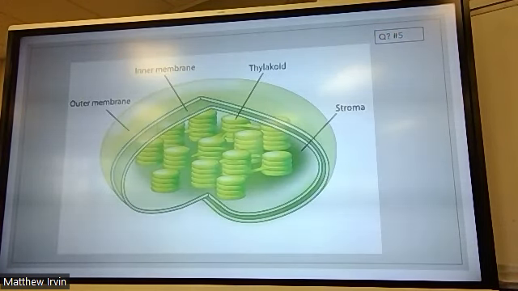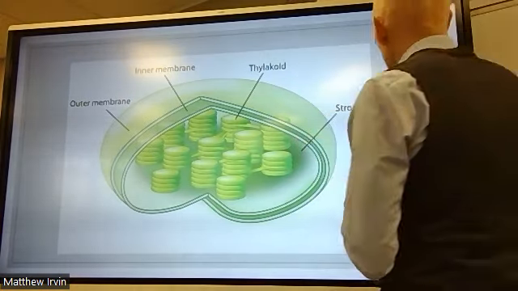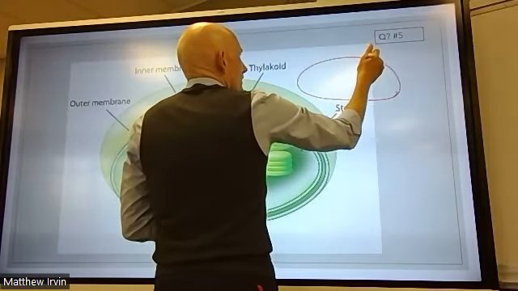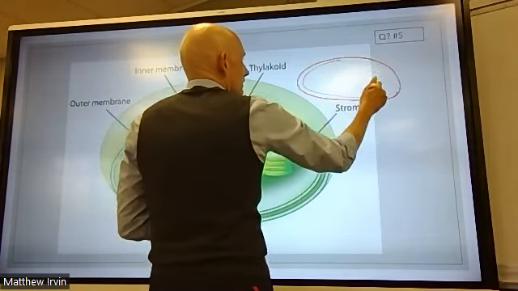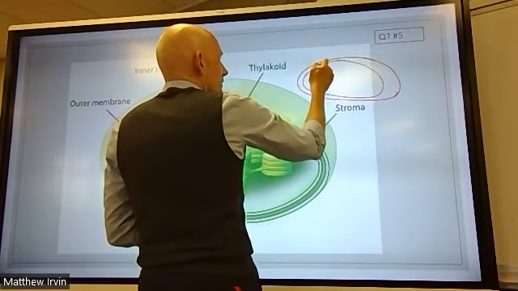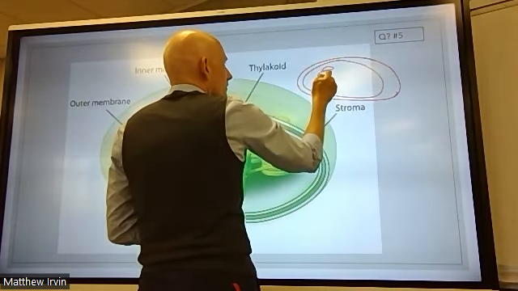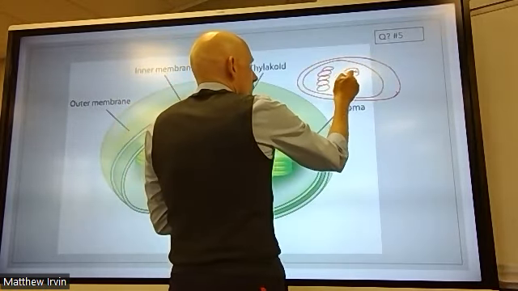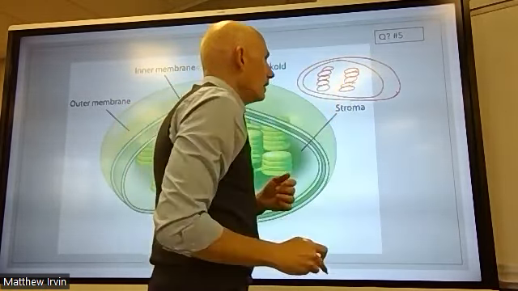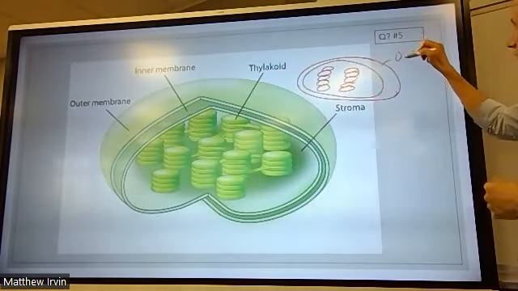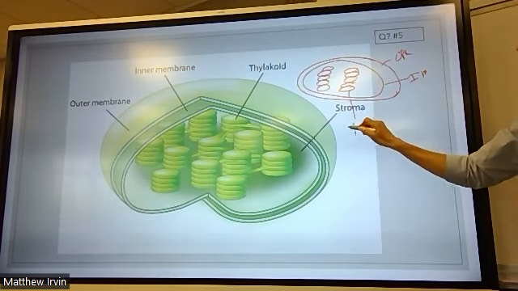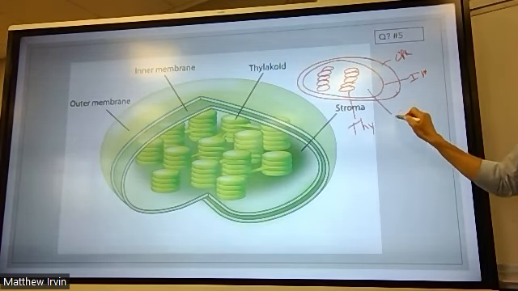All right, so our structure with our chloroplast, you don't have to draw it this complicated. You can simply draw the outer membrane, inner membrane, and then just give a couple thylakoids, and the stroma.